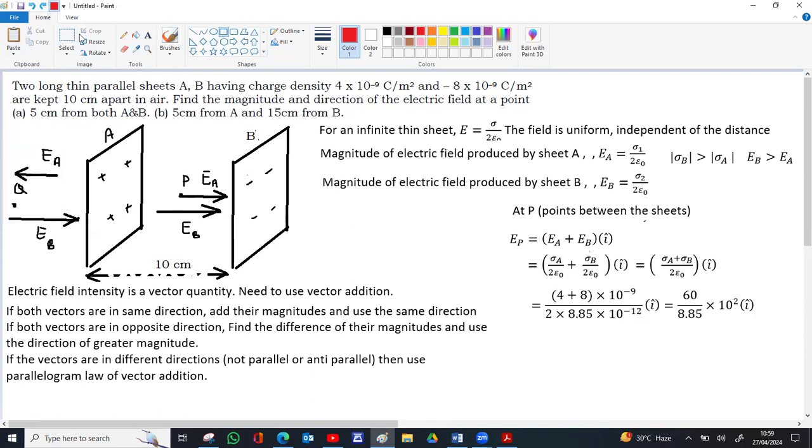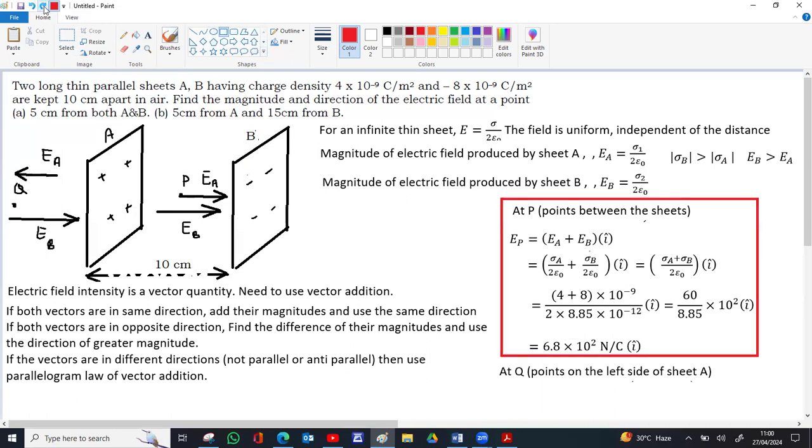And you can substitute the values. When you substitute, we don't use the negative and positive signs, because they are already used for finding the directions. That's an important point. So in the calculation, 12 and 2 will go 6, minus 9, and this minus 12 will come up as plus 12. So 3, 1, 0 will go 60, 10 raised to 2 by 8.85. That becomes 6.8 into 10 raised to 2 Newton per Coulomb towards the right.